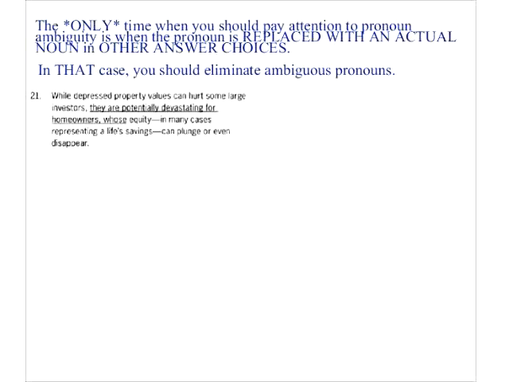This is the correct answer. Notice that this correct answer contains an ambiguous pronoun. We don't know if it's technically this or if it's this. But we don't care because it's not.